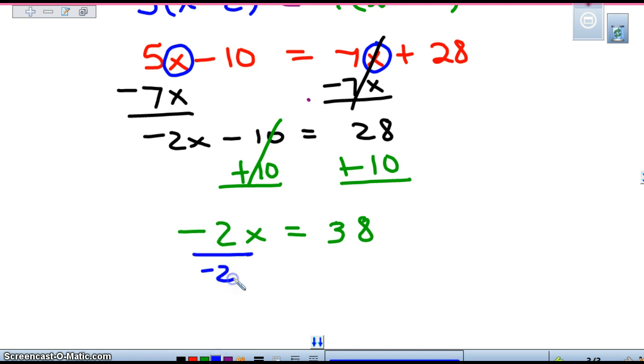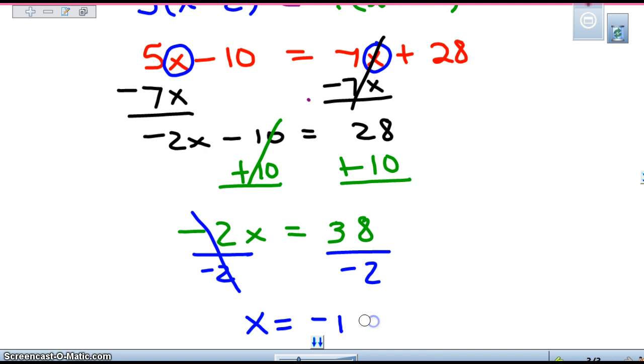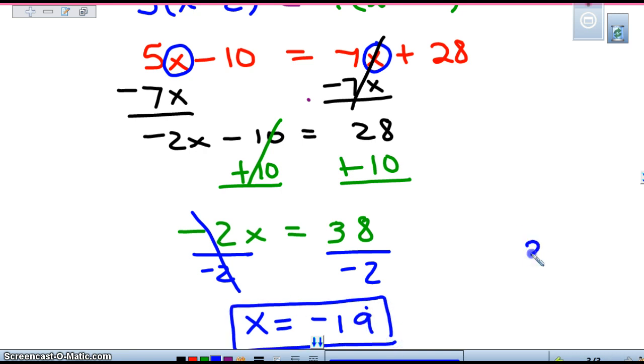Divide by negative 2, divide by negative 2, x equals negative 19.